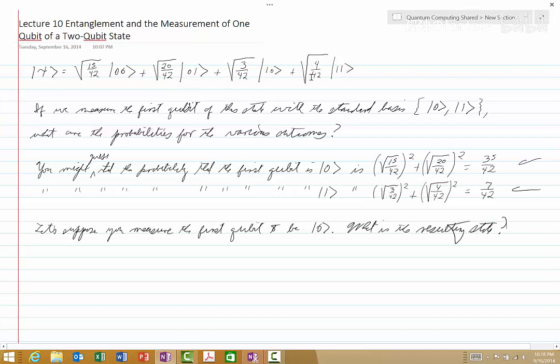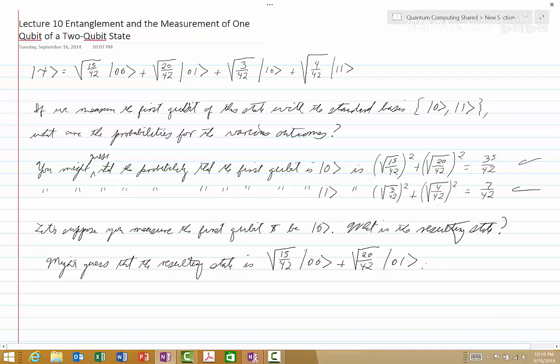That means that we have not measured this part of the state. We have obtained this part of the state. So you might guess that the resulting state is the square root of 15 over 42, |00>, plus the square root of 20 over 42, |01>.